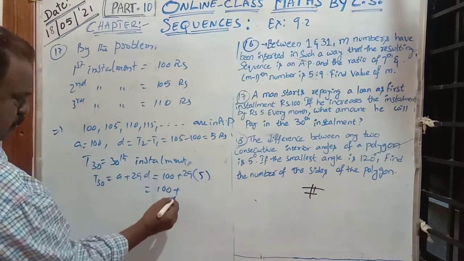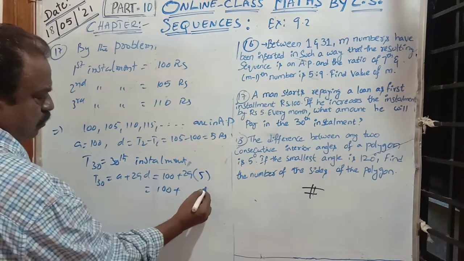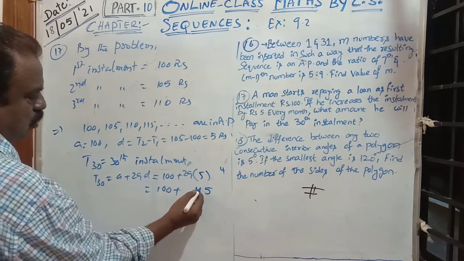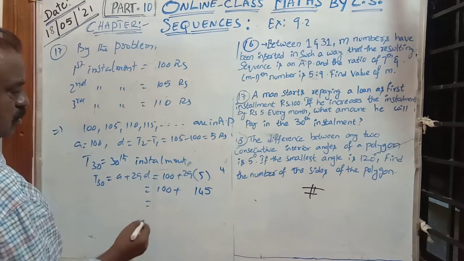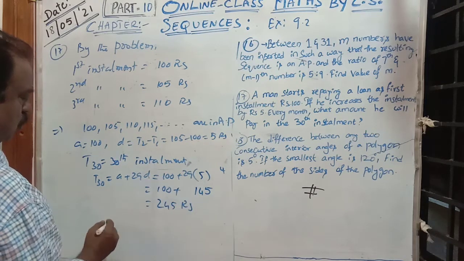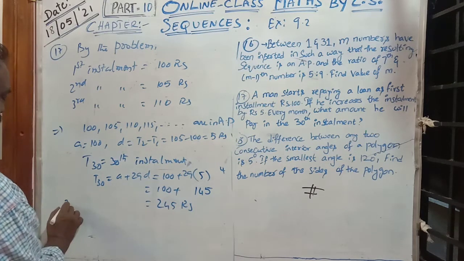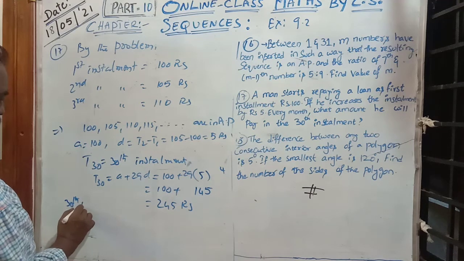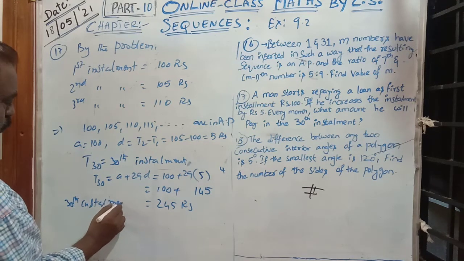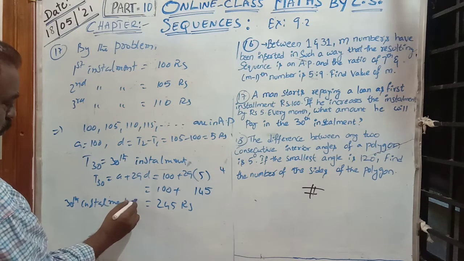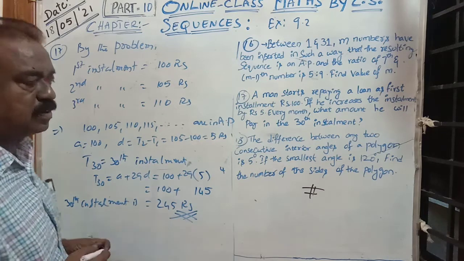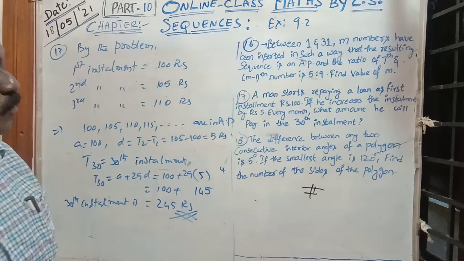So 100 plus 5 nines are 45, 4 is there, 5 fours are 20, so 140 plus 100, that is 245 rupees. So the 30th installment is this one. Then like this we have to calculate. Is it clear? It's a simple problem.